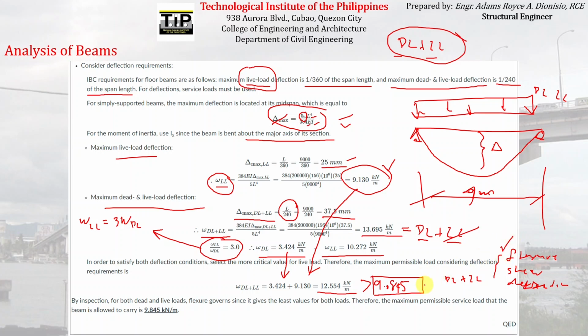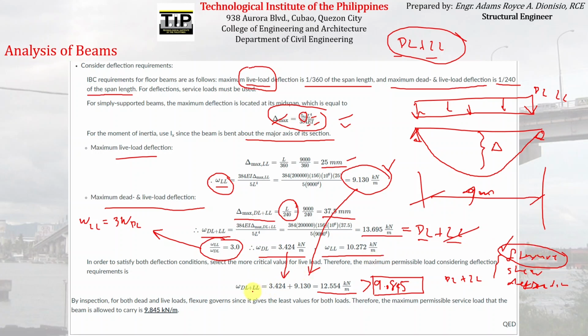Okay, because the load that will be imposed here, even if it is still as low as 9.845, will already produce a failure with respect to flexure, meaning the flexure already governed, which is expected. Flexure is usually the governing checking that is usually governed for flexural members, obviously.